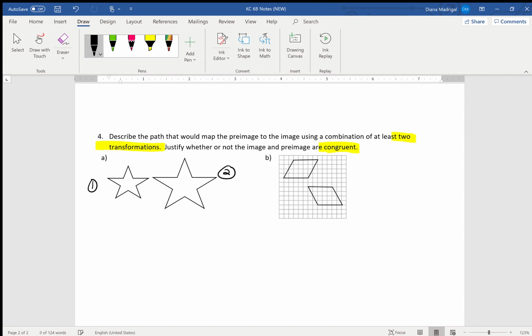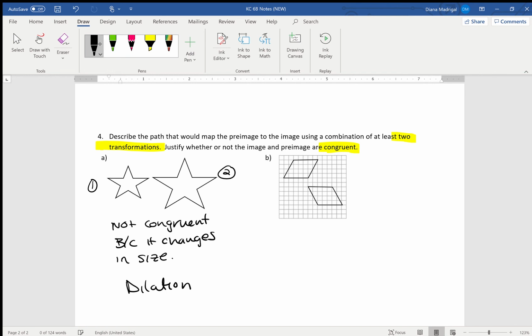For these, well, are they going to be congruent? Are these two shapes the same? You'll notice that the first image is smaller than the second one, so this is not congruent, because it changes in size. The word that we use for this is dilation.